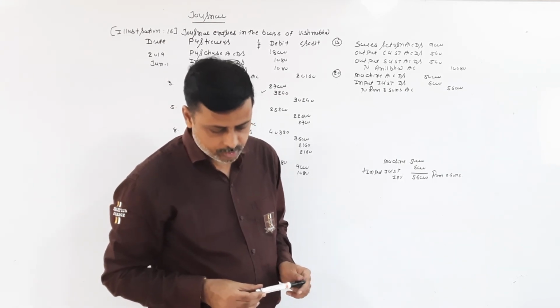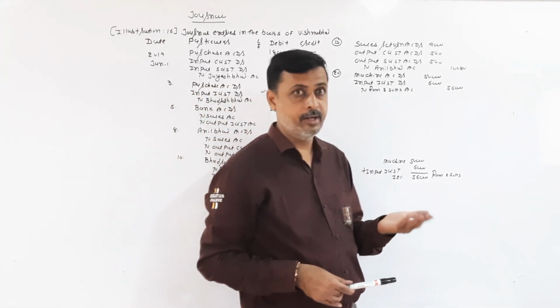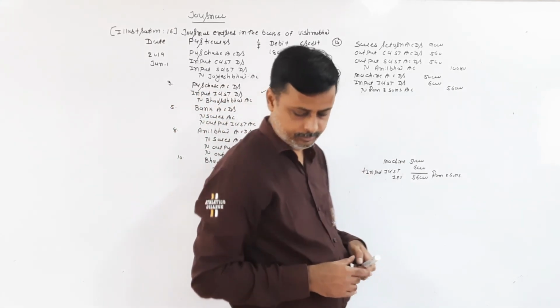Shop rent 10,000 received by check. So 10,000 shop rent received means our income.